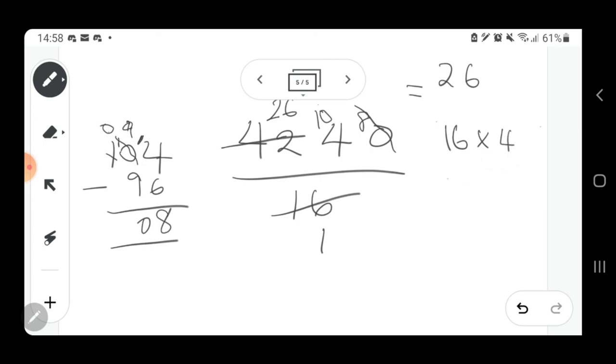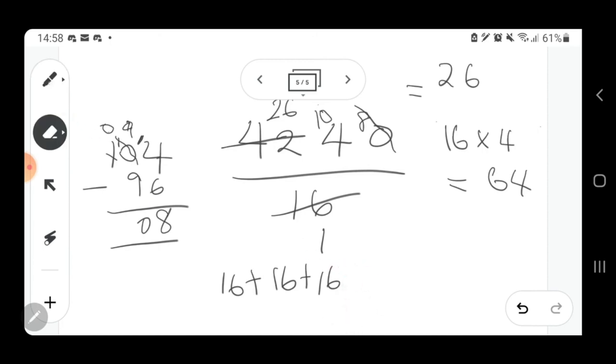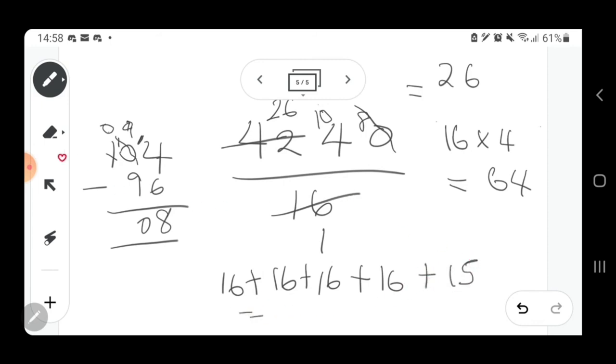16 times 4, I say is 64, because I know that 16 add 16 add 16, add 16, and if I go on like that, depending on the number of 16s that I count, it tells me that it's also multiplication. 16 times, in this case, is 1 2 3 4 5. 16 times 5.